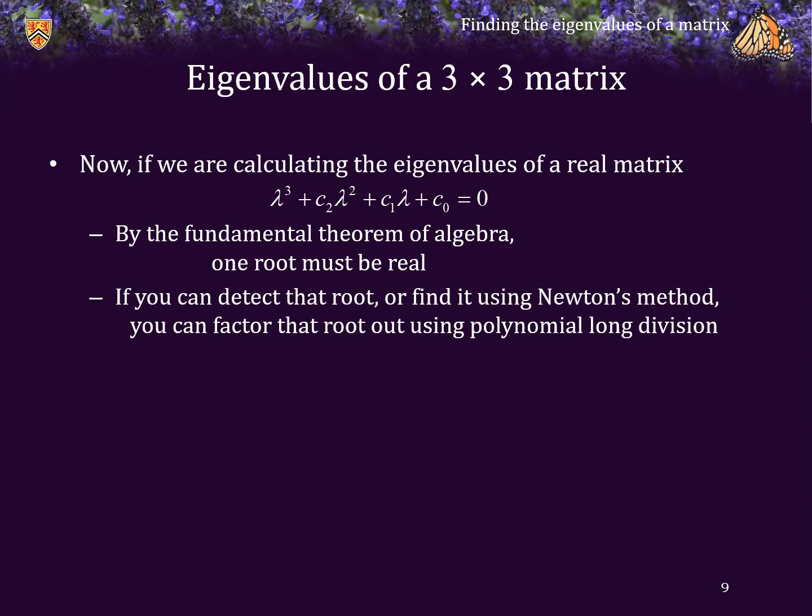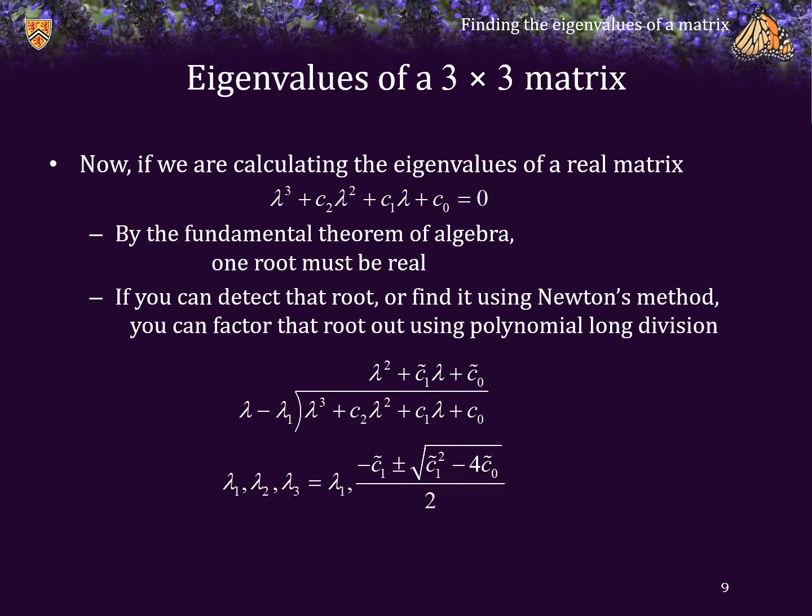If you can detect one of those roots, or you can find it using Newton's method, you can then factor that root out using polynomial long division. So essentially, you'd perform this calculation and you'd find the quotient, with the remainder, of course, being 0, as lambda 1 is one of the roots. Consequently, the three eigenvalues would be the one you found and the expression on the right.